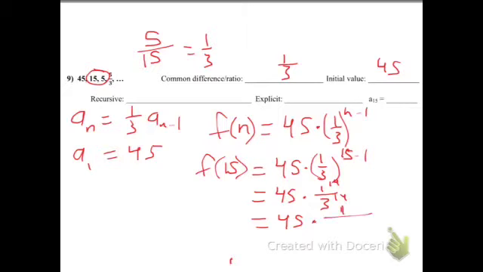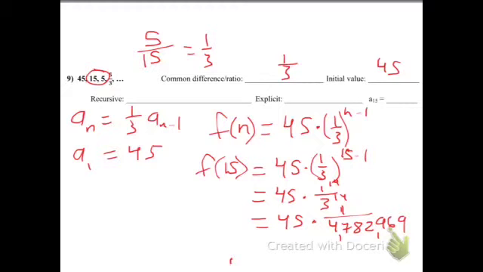And then we have to do 3 to the 14th power on bottom, which is 4,782,969. So we got 45 times 1 over that number there, which is 4,782,969.